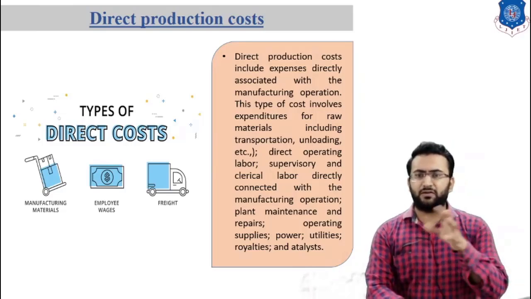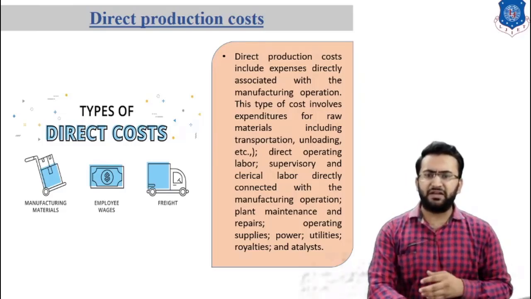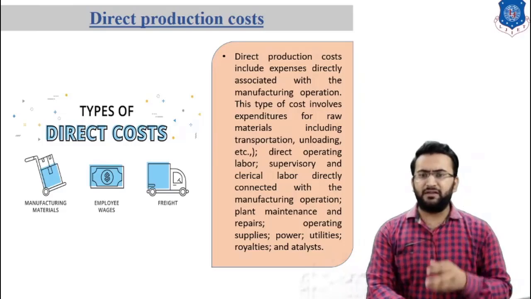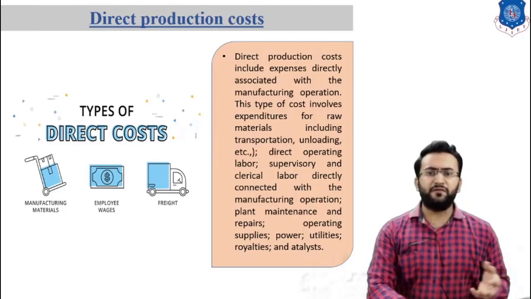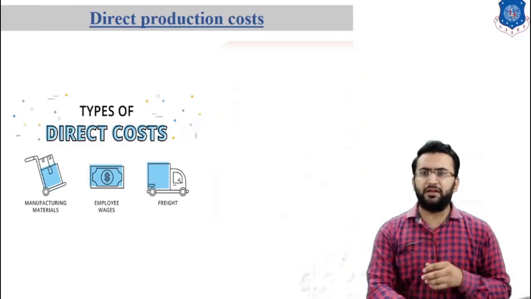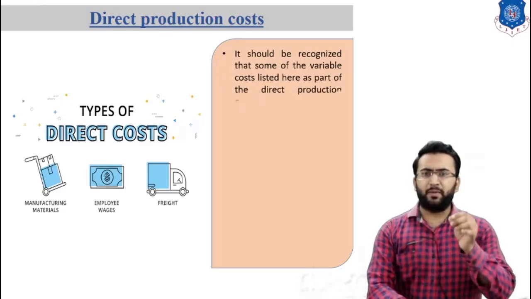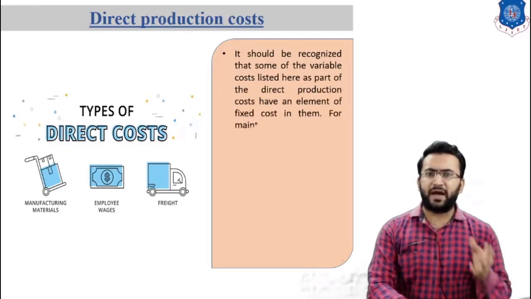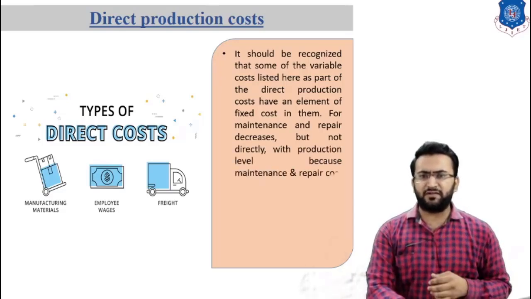That's why its cost is considered in direct production cost. Plant maintenance, repair, operating supplies, power, utilities, royalty, and cost for analysts are also considered in direct production cost. It should be recognized that some of the variable costs listed here, as part of direct production cost, have an element of fixed cost in them.